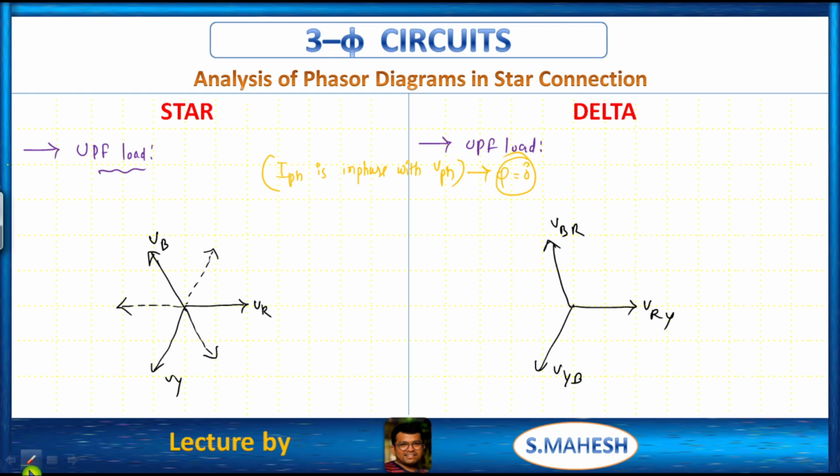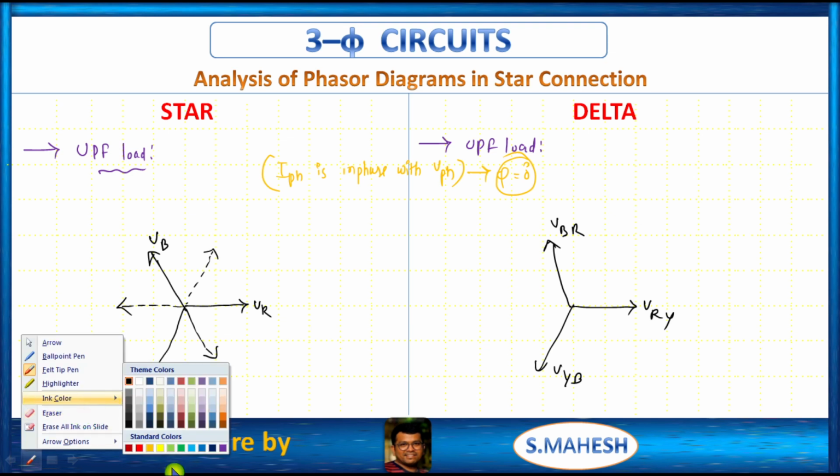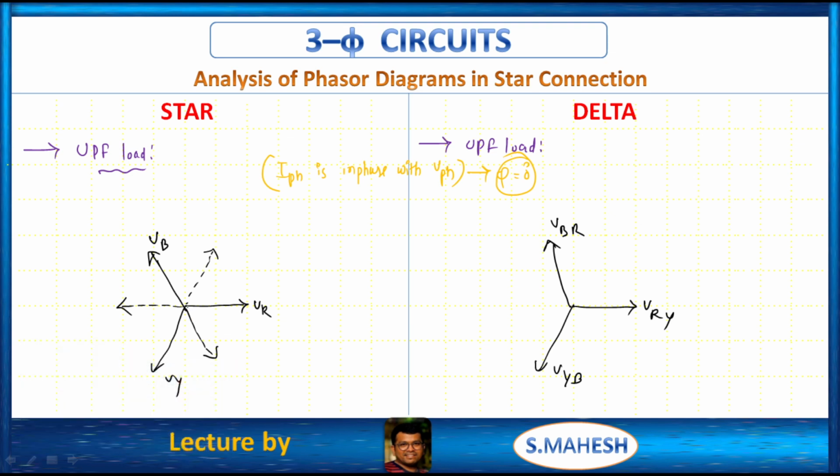Then see the load. Load is what? UPF load. Always you have to draw the phase current which is in phase with phase voltage. That is, this is IR, this is IY, this is IB, right?